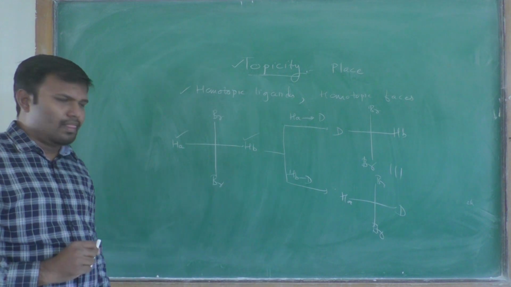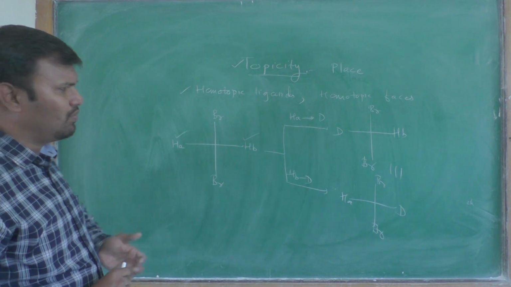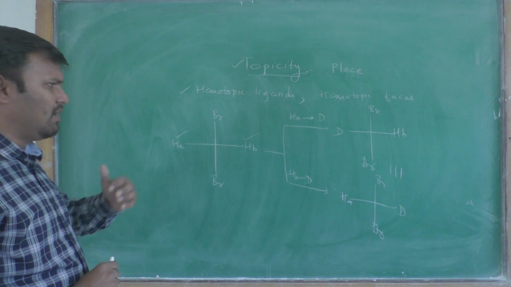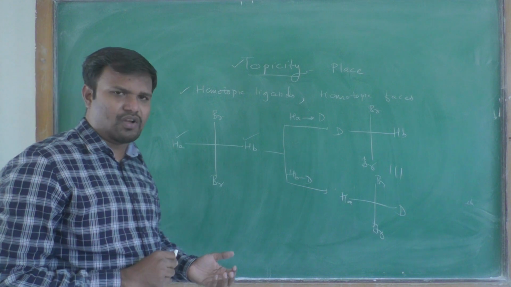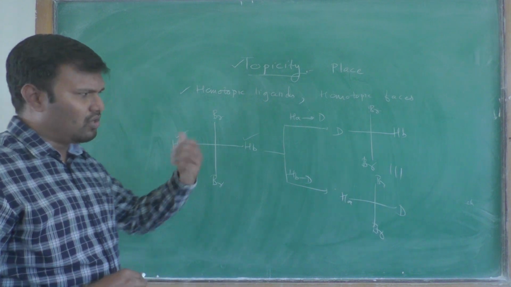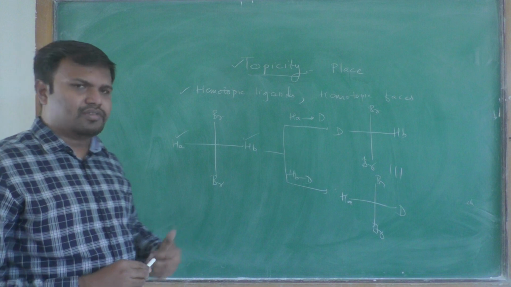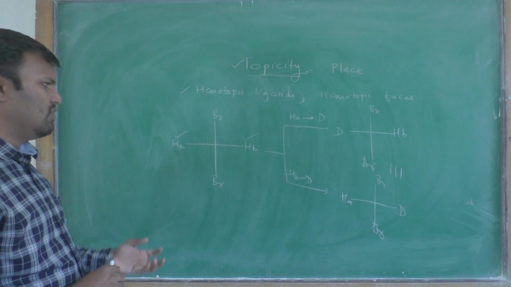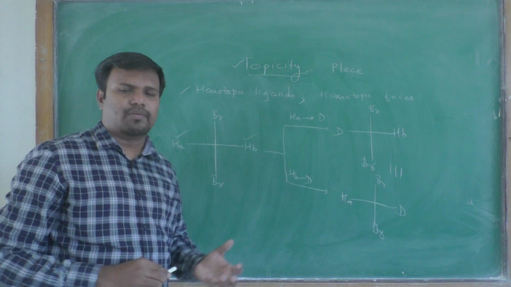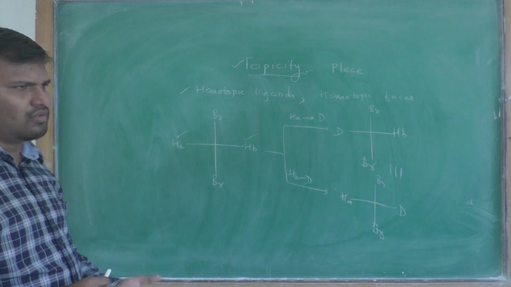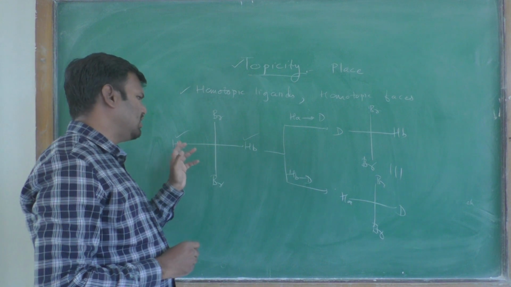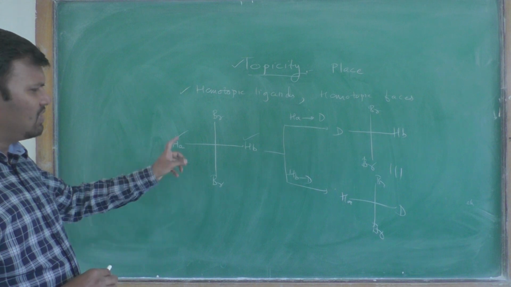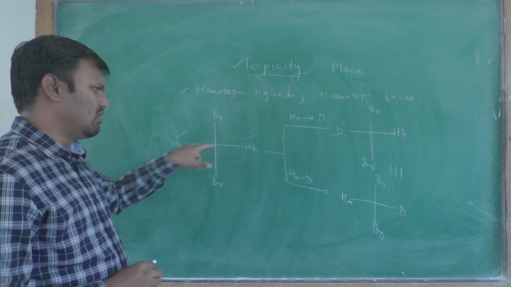Therefore, such homomorphic groups, after replacing them one by one with another group or other isotopes, give the same product, the same chemical species, and that is called homotopic ligands, homotopic groups or homotopic atoms. In this case, the hydrogens are the homotopic atoms. These are actually homomorphic groups or atoms.